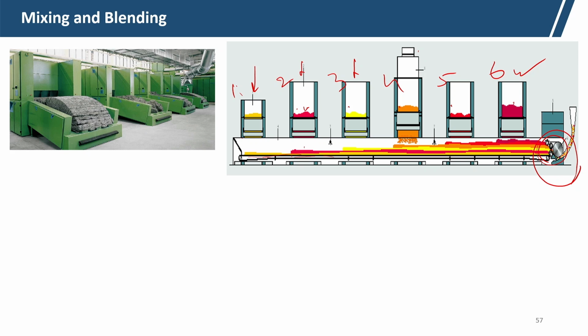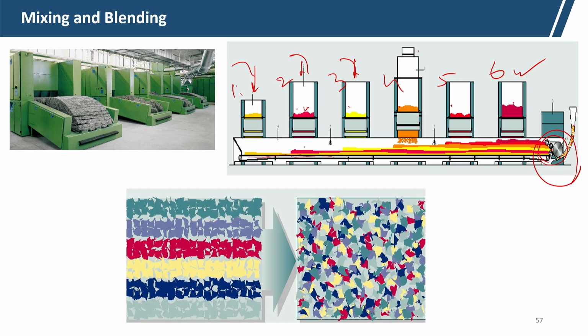Here the fibers are coming from the opener. So, you can see the different layers of fibers here, and after blending, the fibers are blended in a random fashion, almost in a homogeneous fashion.